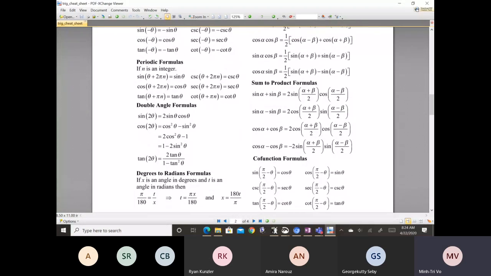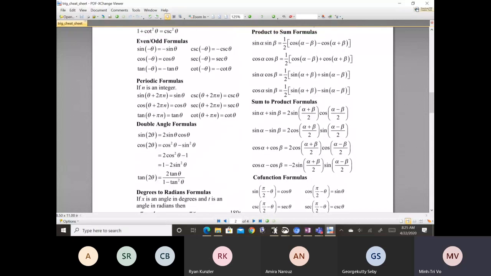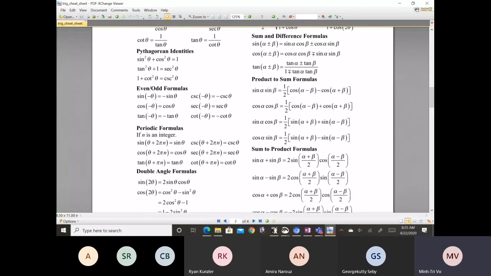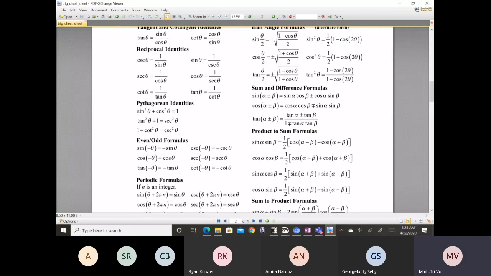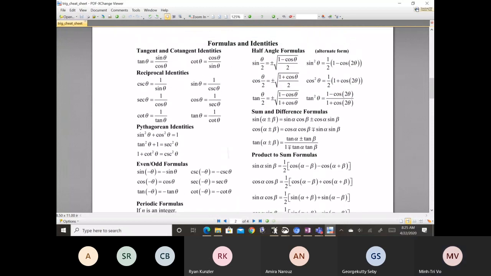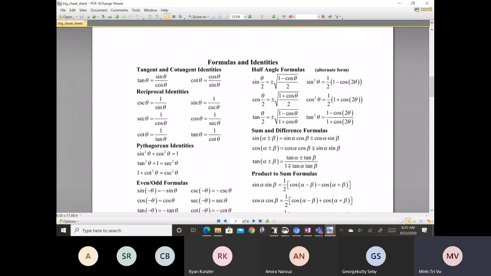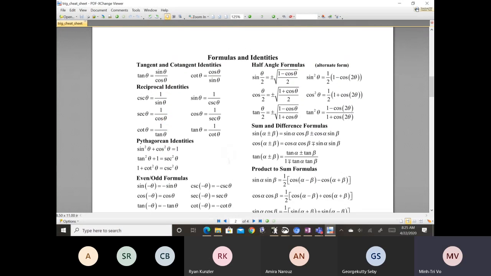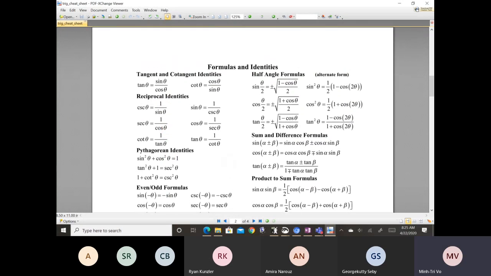And so probably we don't do the sum to product formulas. Okay, and then 9.5 is on solving equations, but again, mostly using the identities here. So today we're going to focus on, again, these particular identities here.